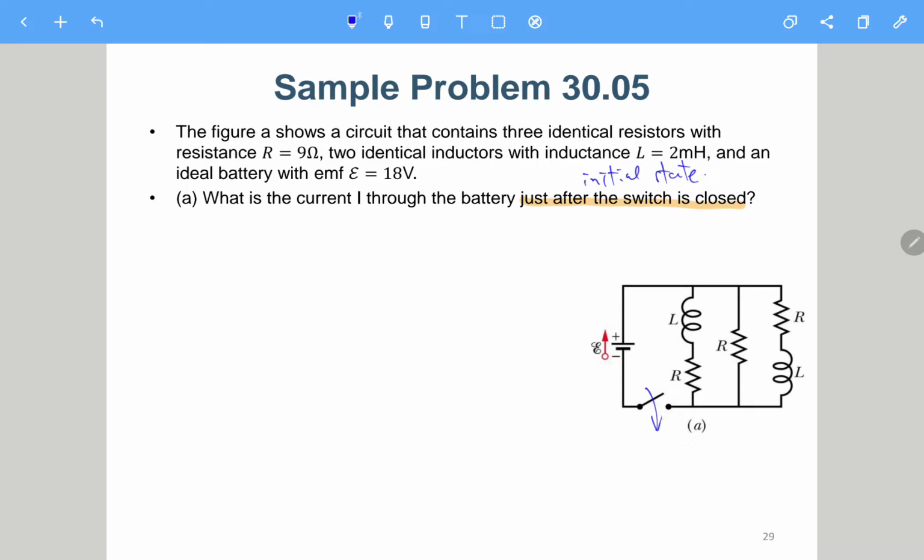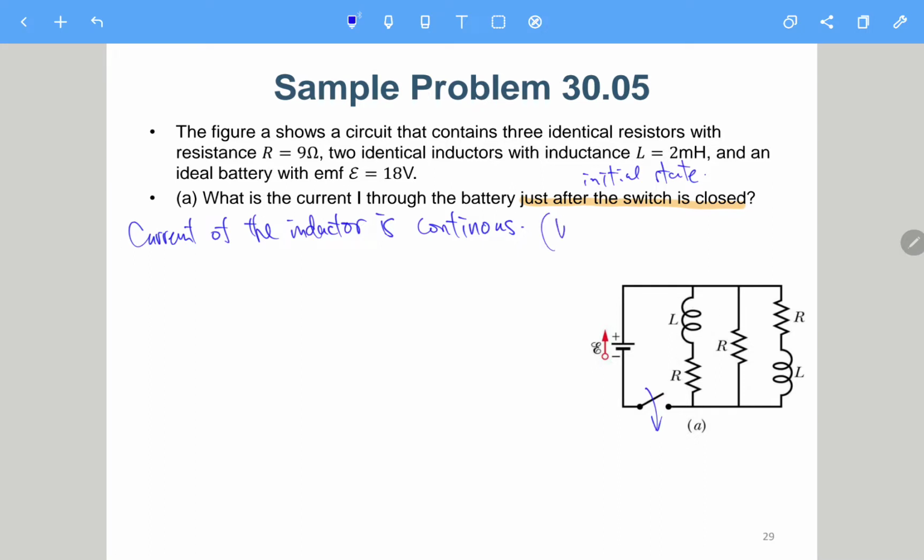One thing we need to remember is that the current of the inductor is continuous. This is not true for the voltage of the inductor, or the voltage drop for the inductor; it is not necessarily continuous.